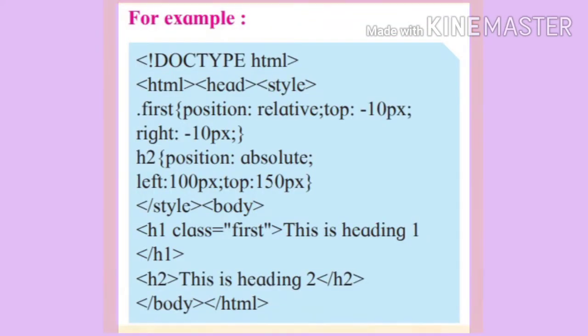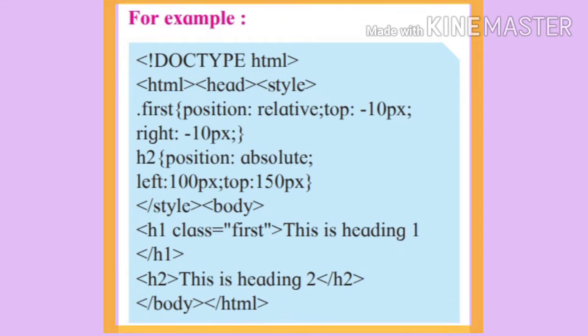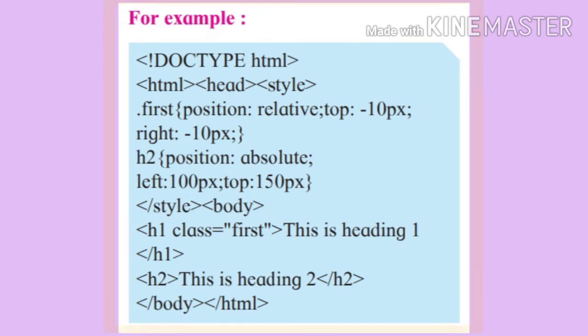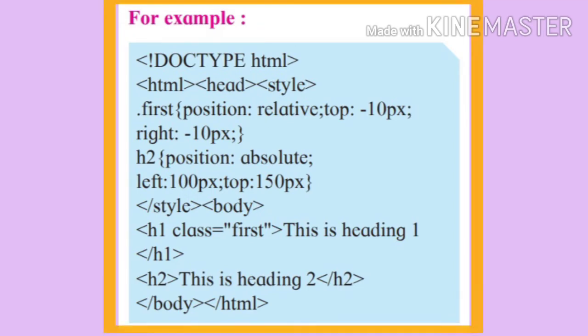In this example, we are using absolute and relative positioning. Relative positioning is used by using the class attribute, where we set top margin 10 pixels and right margin 10 pixels. Absolute position is used by using the h2 tag, where left margin is 100 pixels and top margin is 150 pixels.